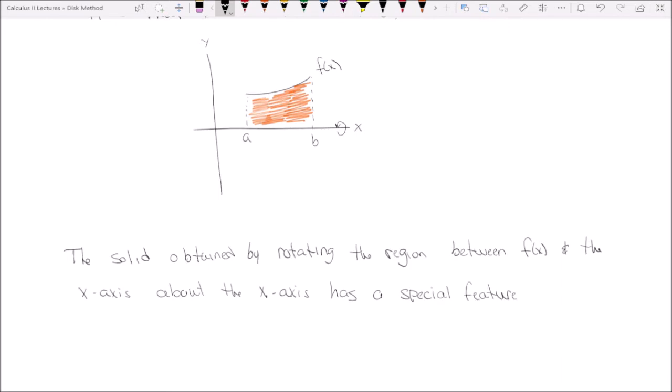Right, so if we look at this region and rotate it about the x-axis, it has a special feature. All the vertical cross sections are circles. Let me try to sketch this out.